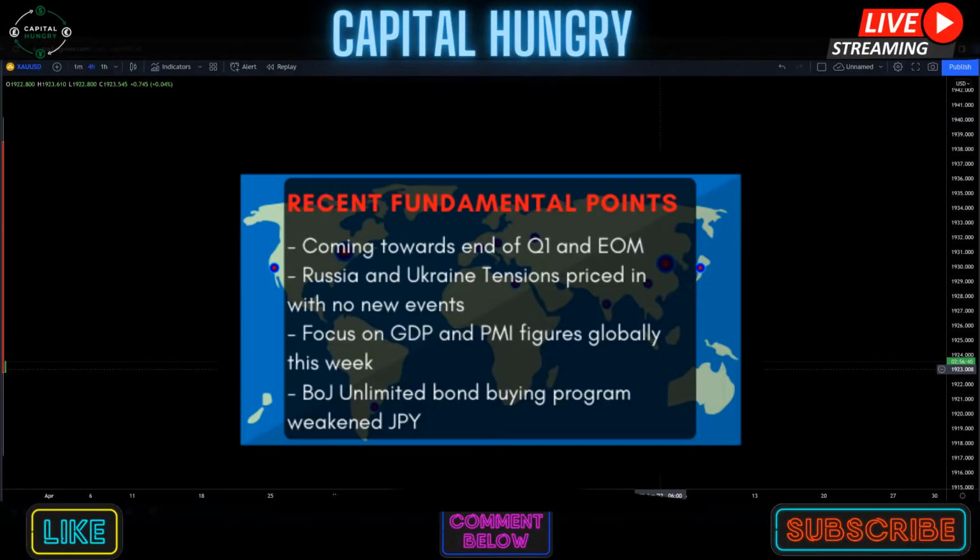But the Bank of Japan is perfectly aware and is actually looking to short-term devalue the Japanese yen because it promotes their international business activity, especially with import and export.